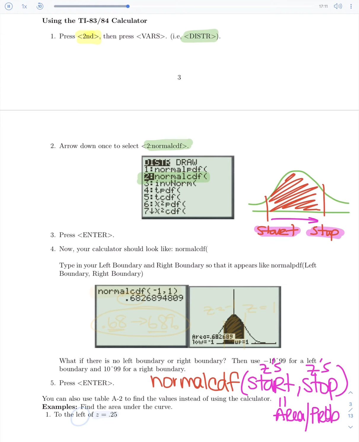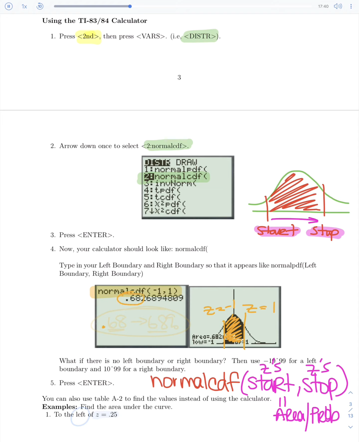It's really handy. So if you look at this example here that we've already got done, the normal CDF of -1 to 1 is taking a Z value of -1 and a Z value of +1, and calculating all the area or probability between the two, which is 0.68.